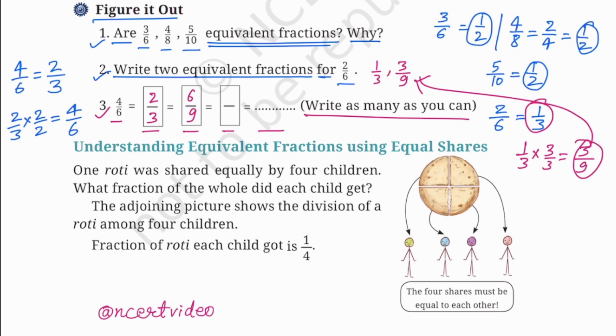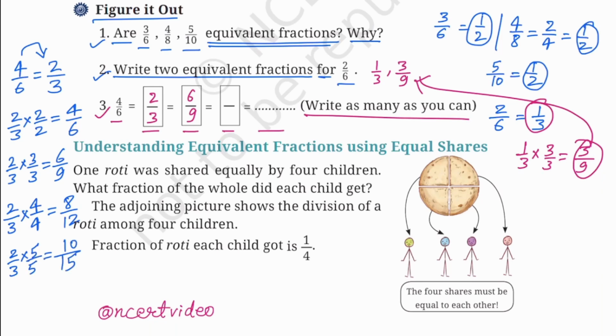Similarly, since 4 upon 6 is equal to 2 upon 3, you can multiply 2 upon 3 by 3 upon 3. You will get 6 upon 9. Similarly, 2 upon 3 can be multiplied with 4 upon 4. You will get 8 upon 12. Similarly, 2 upon 3 can be multiplied with 5 upon 5. You will get 10 upon 15.